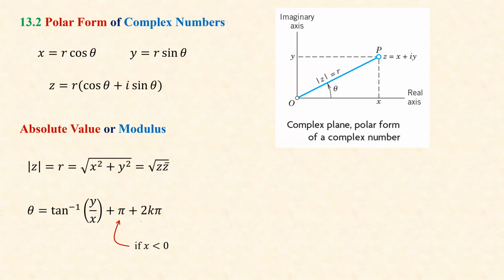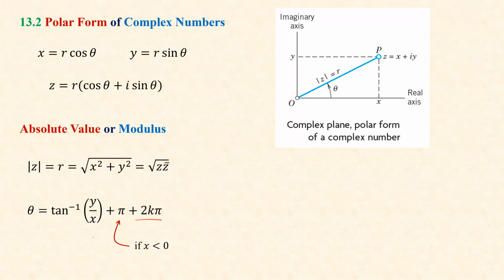And also, you can add any multiple of 2 pi, which is 2k pi, k an integer, to the angle, and it doesn't change the complex number. So you can always add these 2k pi to the argument, and you add pi to tan inverse of y over x if x is negative.